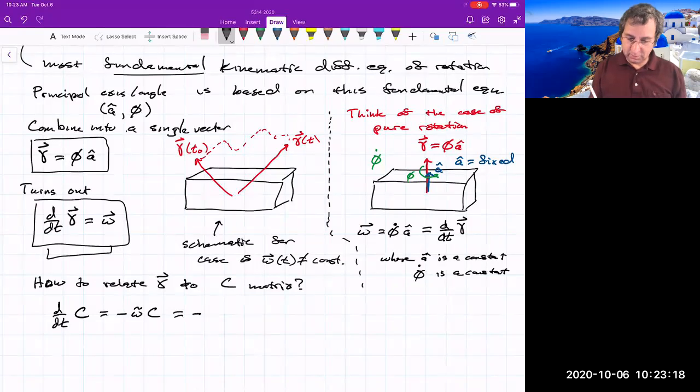So this is negative d by dt of gamma tilde times C.